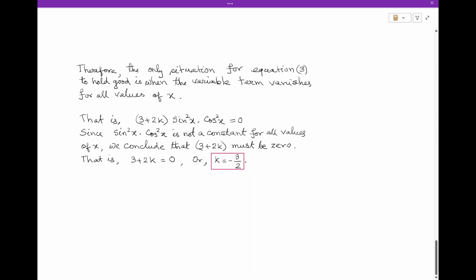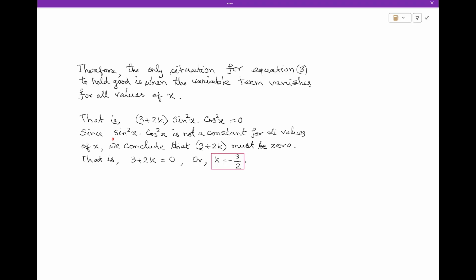Therefore, the only situation for equation 3 to hold good is when the variable term vanishes for all values of x, and the variable term being 3 plus 2k multiplied by sin square x into cos square x, that should vanish. That means that should become 0.